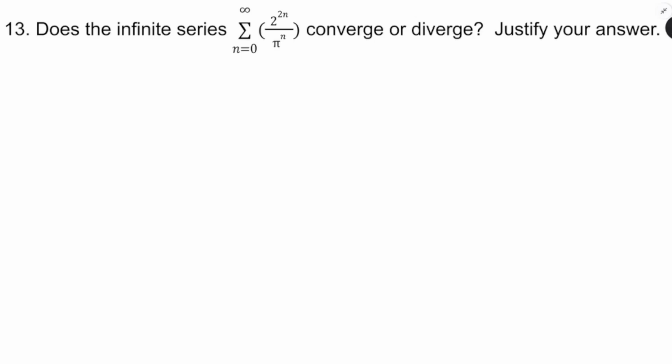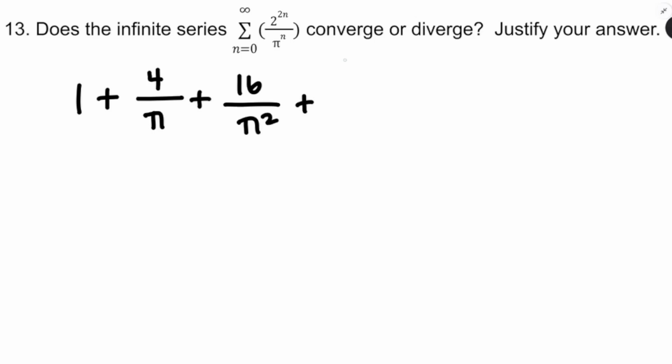Anything to the 0 is going to be 1, so my first term's 1. Then when n equals 1, I've got 2 squared divided by pi to the first. N equals 2, I've got 2 to the 4 divided by pi to the 2, n equals 3, 2 to the 6 divided by pi to the 3, and so on.